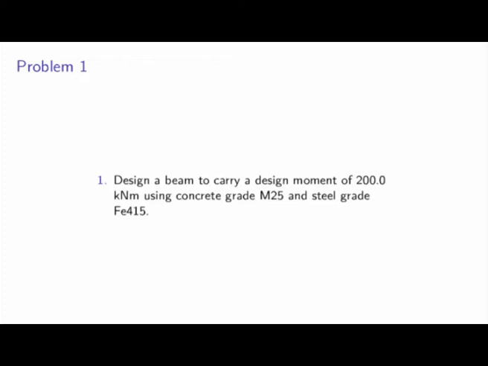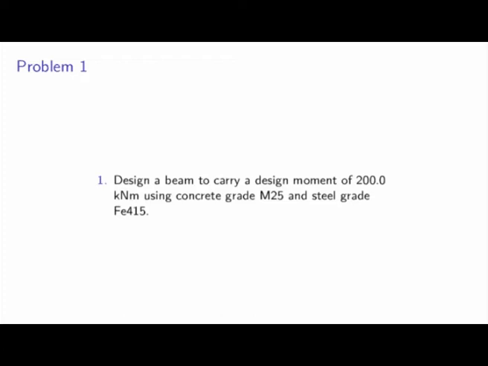Who told you that we shall use M25 or steel grade Fe415? Because in most cases in the book, it starts with an exercise or example, some numerical value is given, along with a concrete grade and steel grade, and obviously I am no exception, so I am following the same path.